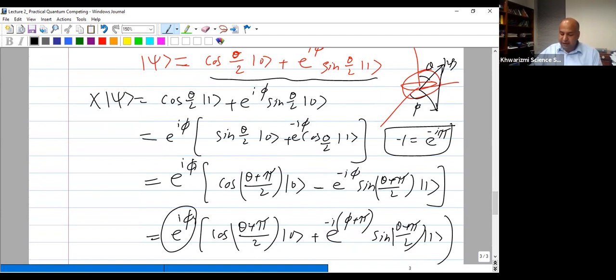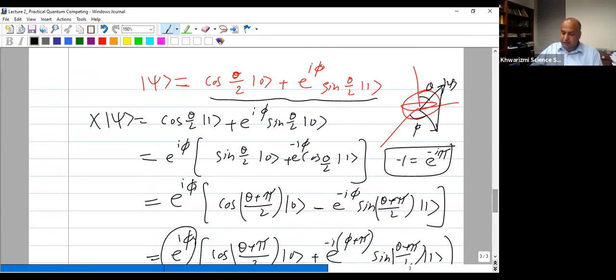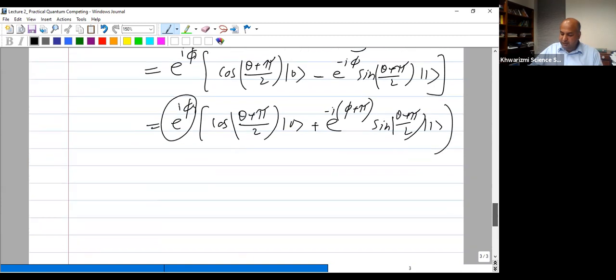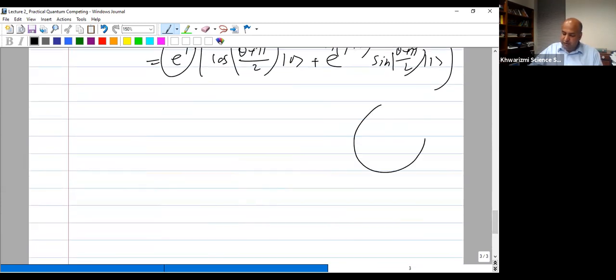And if I compare angles, this state psi that had angle theta with z-axis has now angle theta plus pi. And this angle phi that was there is now angle pi plus phi. It means that if I now draw it on the Bloch sphere, what happens is this.